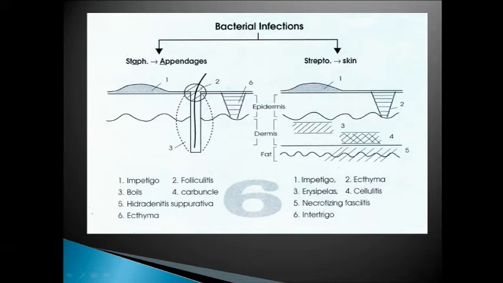The most common bacteria are Staphylococcus and Streptococcus. Staphylococcus mostly affects the upper part and the deeper part also. The deeper part is caused mostly by Streptococcus and Staphylococcus infection.